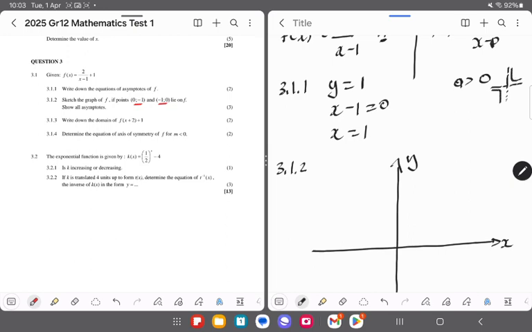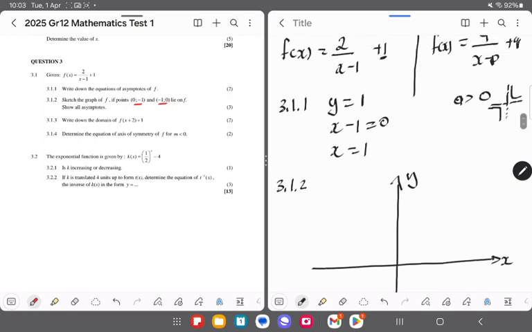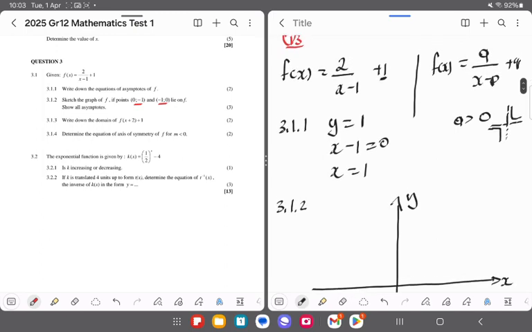It's almost like the first and the third quadrant, but remember your graph will have shifted either left or right or up or down. In this case, f of x has shifted 1 unit upwards.